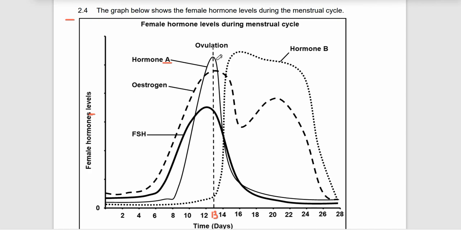By day 13, they were at their maximum level, or I can say climax. So that's a luteinizing hormone. You know that luteinizing hormone is on the ovulation day.